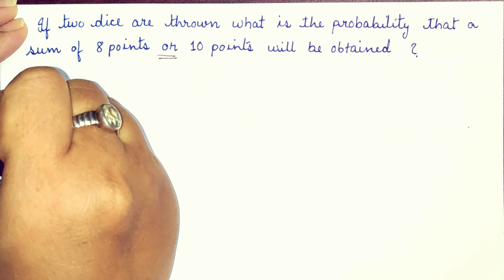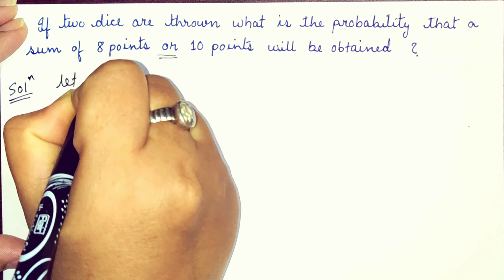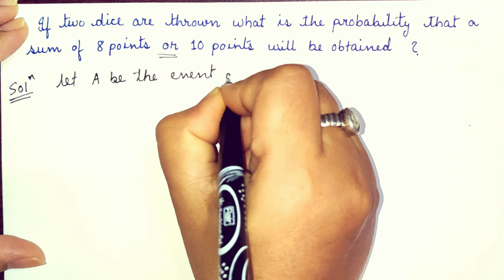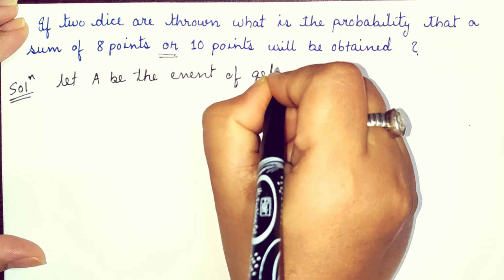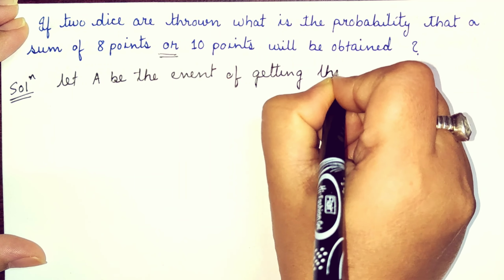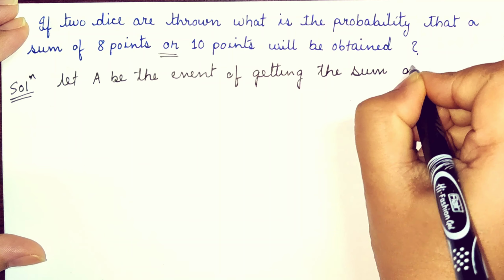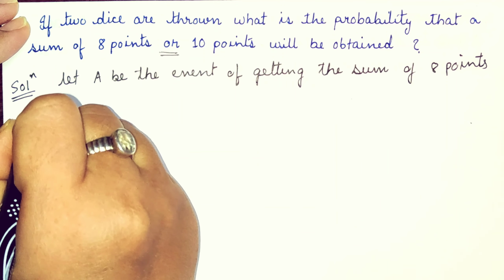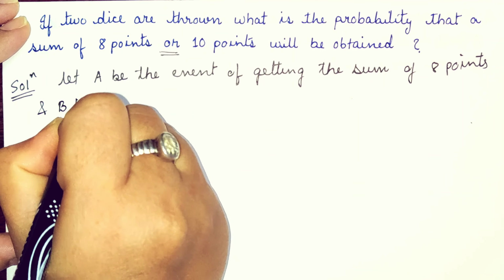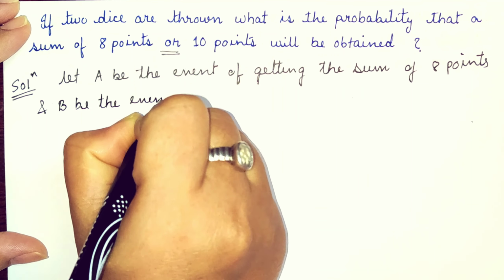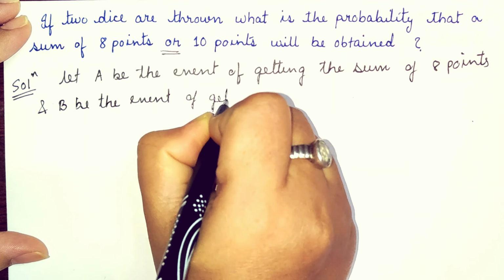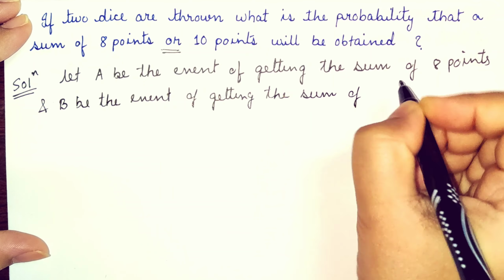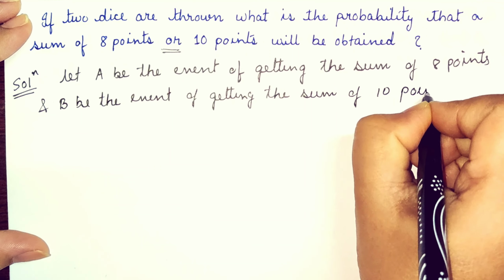First of all, we assume that A be the event of getting the sum of 8 points, and B be the event of getting the sum of 10 points.